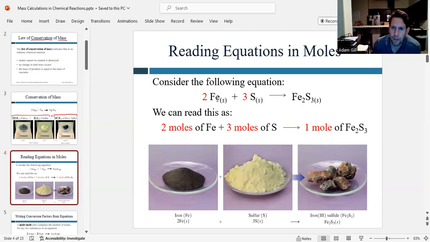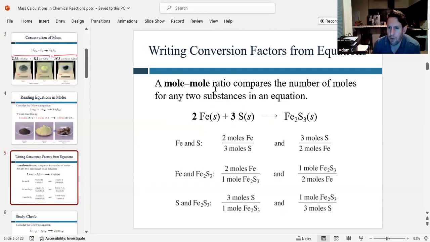And we can compare the ratio of two different things in a balanced chemical equation. We call this the mole to mole ratio. So if we're looking at iron and sulfur here, there's 2 irons and 3 sulfurs. So we could express that as 2 moles of iron per 3 moles of sulfur, or you could express it the other way around, 3 moles of sulfur for every 2 moles of iron.